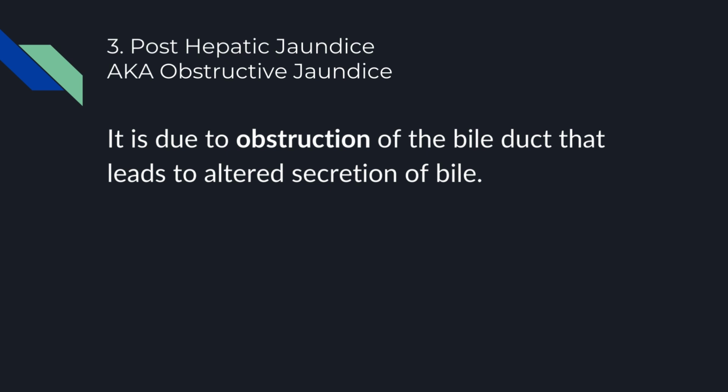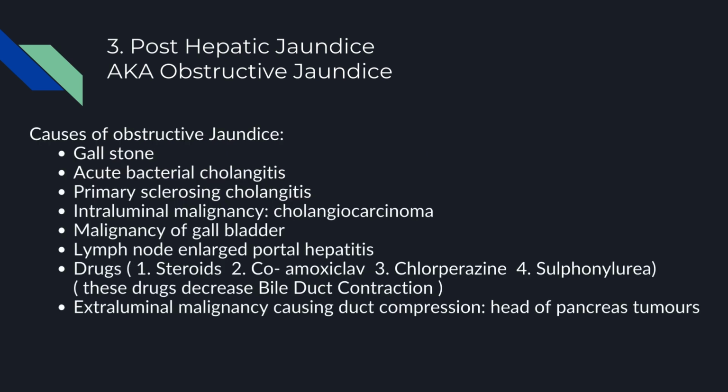Number 3. Post-hepatic jaundice, also known as obstructive jaundice. It is due to obstruction of the bile duct that leads to altered secretion of bile. Causes of obstructive jaundice: gallstone, acute bacterial cholangitis, primary sclerosing cholangitis, intraluminal malignancy, cholangiocarcinoma, malignancy of gallbladder, lymph node enlargement, portal hepatitis.